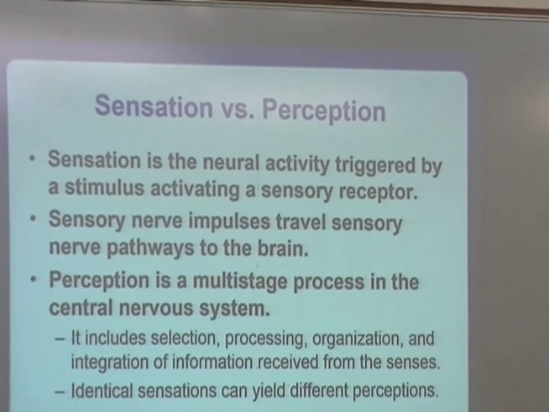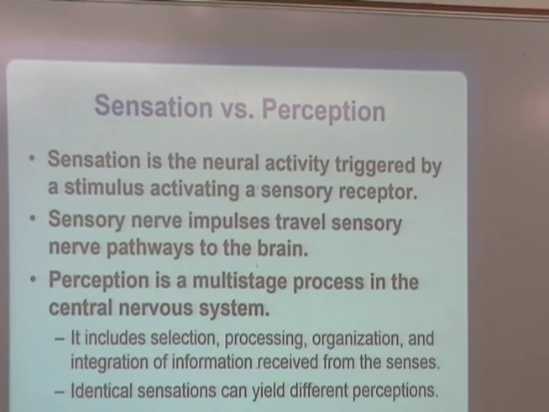Start looking at the interaction between sensory information and perception of that information. Remember that sensory information is just electrical info that's traveling to the brain from a sensory organ in your eyes or your ears or your skin, possibly Golgi tendon organs, muscle spindles as well.